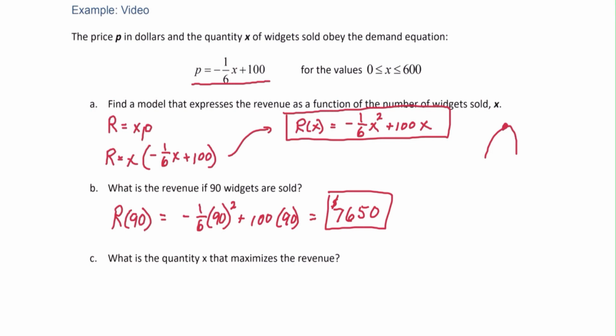To find the vertex, we use x equals negative b over 2a. So negative b in the R function is 100 over 2 times a, which is negative 1/6. And this gives us 300. So that's 300 widgets.